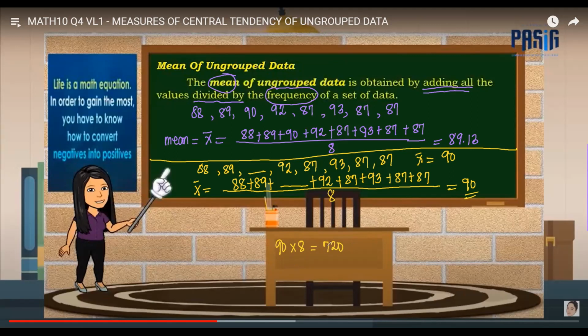So ano ba yung sum nila? 88 plus 89 plus 92 plus 87 plus 93 plus 87 plus 87. Their sum is? Sige nga. 89, 92, 87, 93, 87, 87.